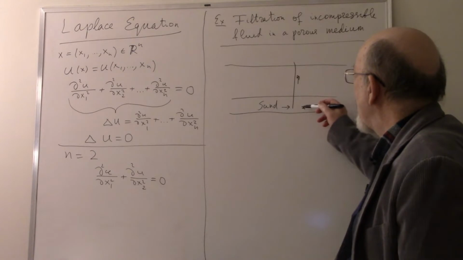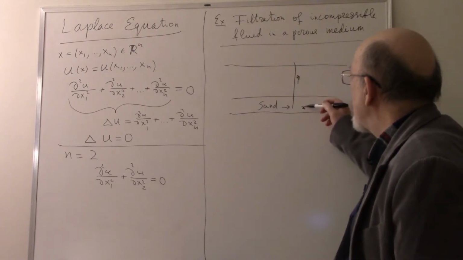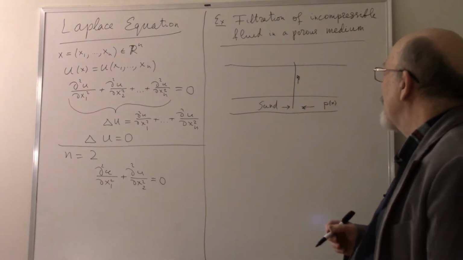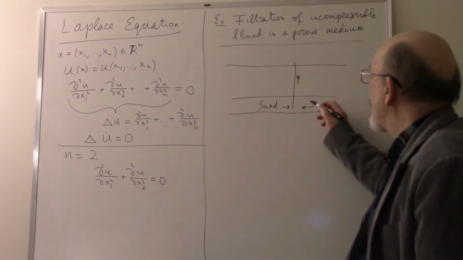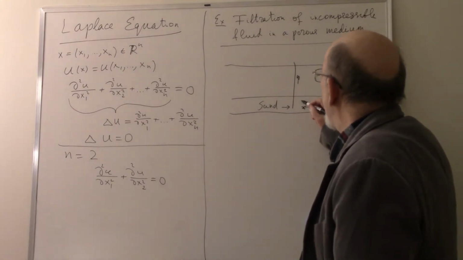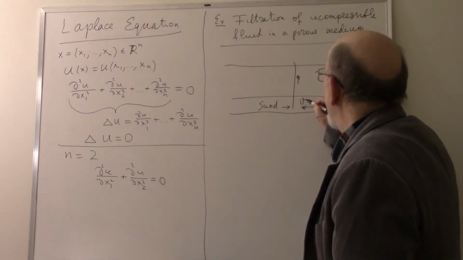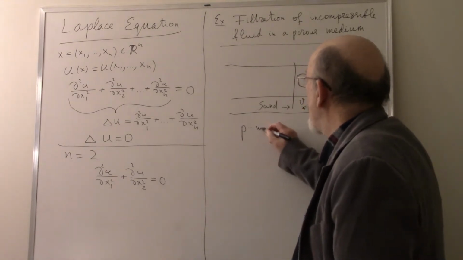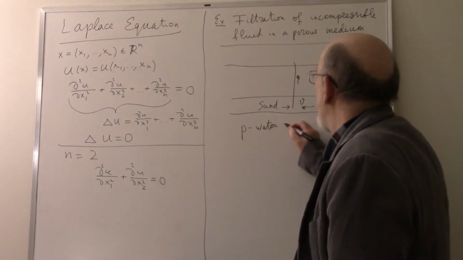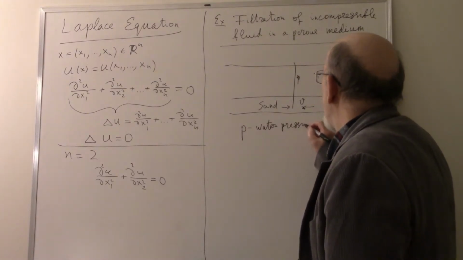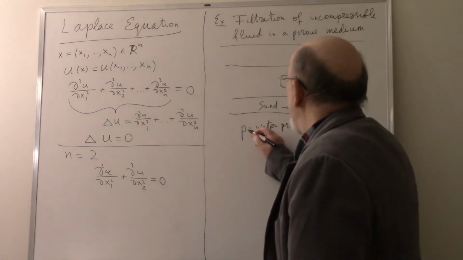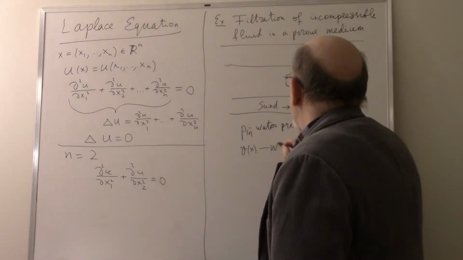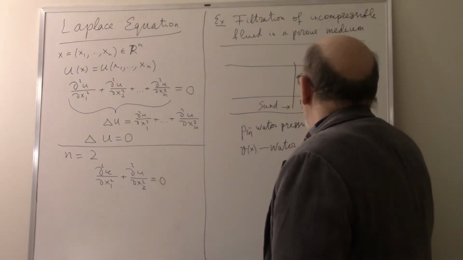We have the pressure gradient, pressure difference, which pushes the water toward the well. So we have another field, that is velocity field, velocity of water. So p of x is water pressure, v of x, water velocity.